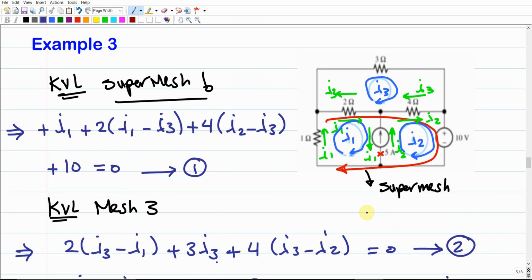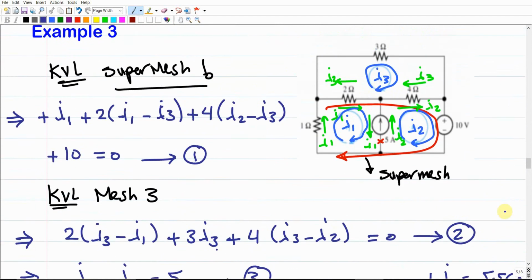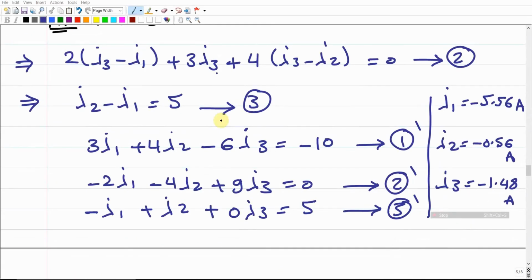It's going to be the difference between I1 and I3. So if you just subtract I1 negative I3 or I3 negative I1, this is going to give us the current over this electrical element, and so on for the others. Make sense? So this is for this example.